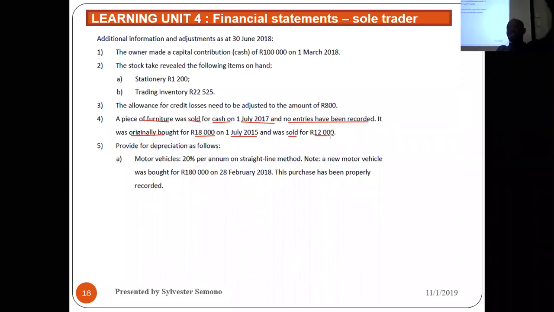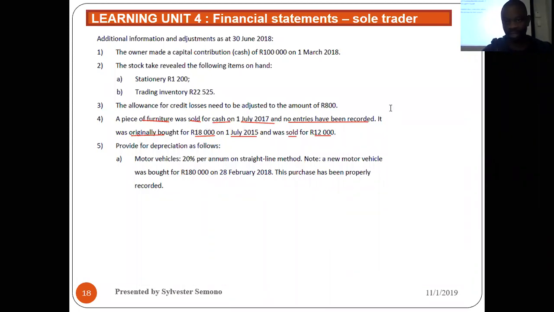Remember, when we sell fixed assets, remember that section, asset disposal, we need to follow steps. So this means, if you remember those steps, step number 1, to save time. Let's say we are selling.